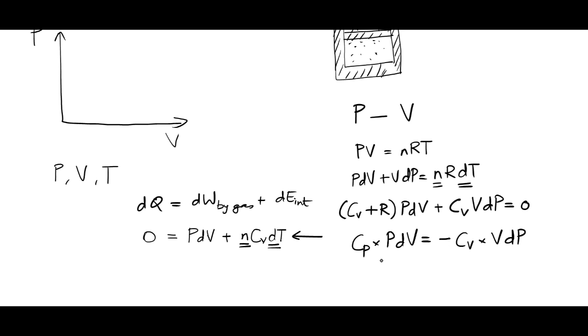So I just take CV down there and I get gamma times dV upon V, of course I have manipulated some terms, is equal to minus dP upon P. Notice how I've got a differential equation involving pressure and volume only. The temperature term is out of the equation as required. Also notice that gamma is a constant, so there's no variable there.